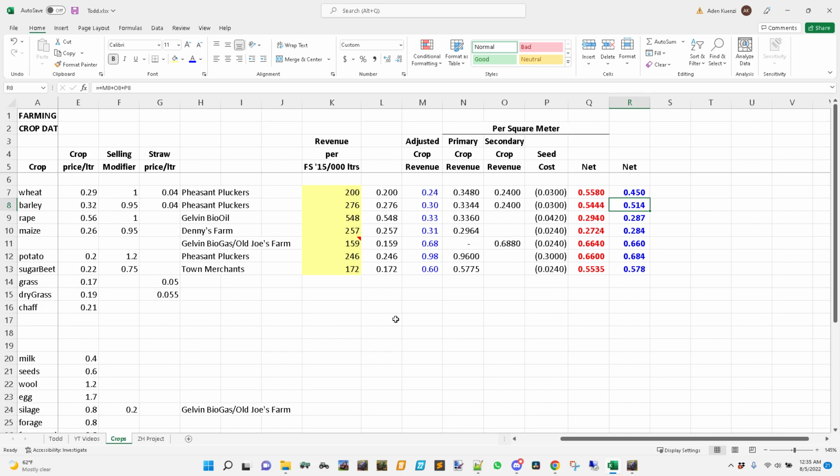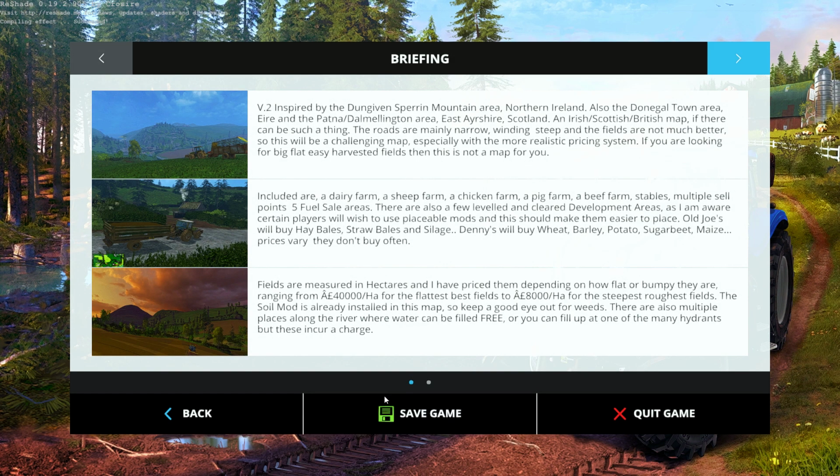Might have saved some money in the long run. I probably wouldn't have wasted so much time the first time doing all wheat and just being haphazard about it. But I'll try to be smarter about this in the future and see where this goes, and hopefully I'll get good old Gelvin Valley changed around for the better.